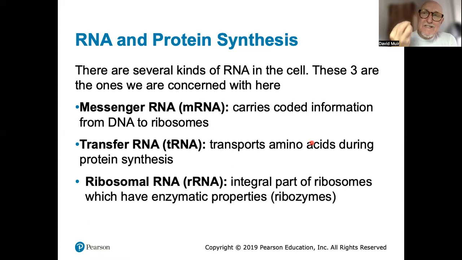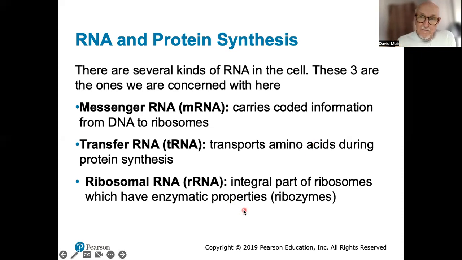It transfers the information from messenger RNA to the ribosomes. And not only that, it physically transfers amino acids. So it's doing two things. It's translating the messenger RNA code, and it's carrying the amino acids to form the amino acid sequence eventually.